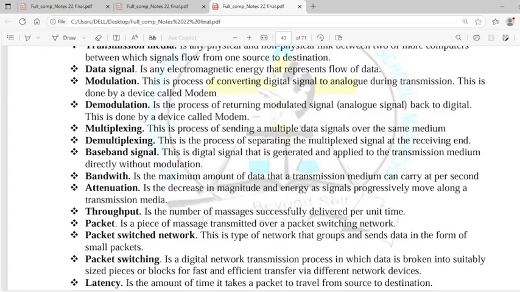So the process of converting the signal of a data from digital to analog is modulation. Then demodulation is the reverse. It is a process of converting a modulated signal to a digital signal. So a modulated signal is simply an analog signal.